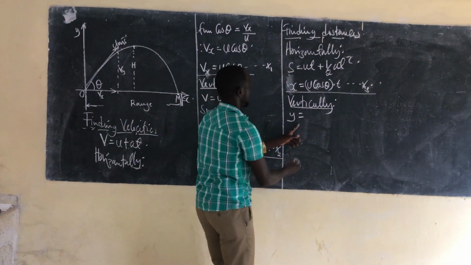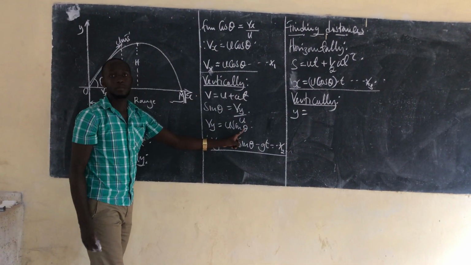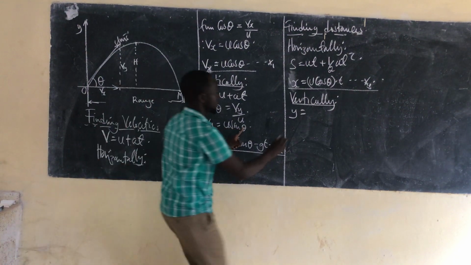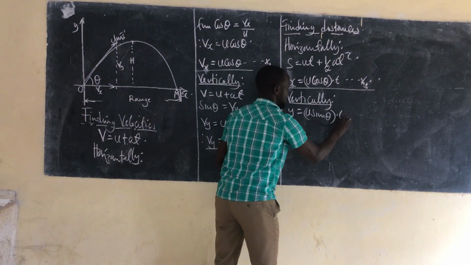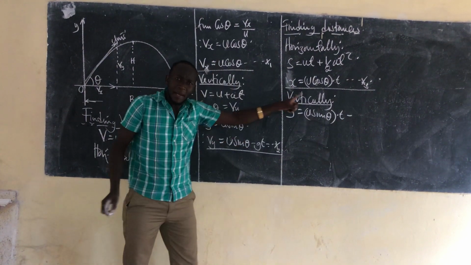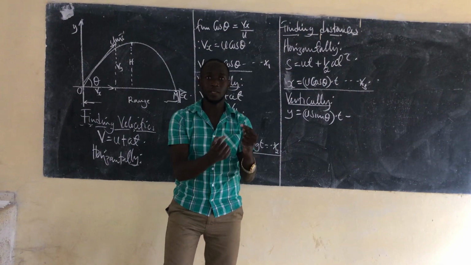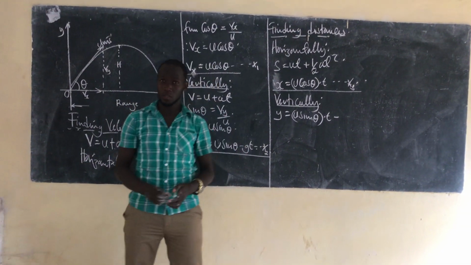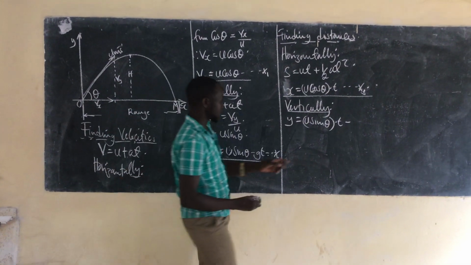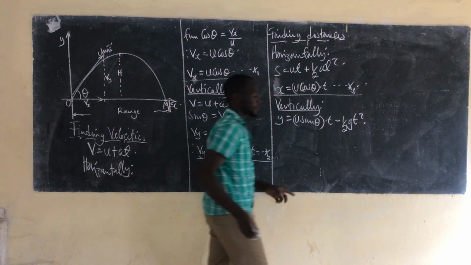When you have y, it should be the same as u. In this sense, our u is u sine theta, just from here. So we shall have u sine theta times time, minus. Why minus? Because remember I told you the g is becoming negative, g is replacing the acceleration, because this particle is opposing the gravitational pull. So we shall have minus a half gt squared.